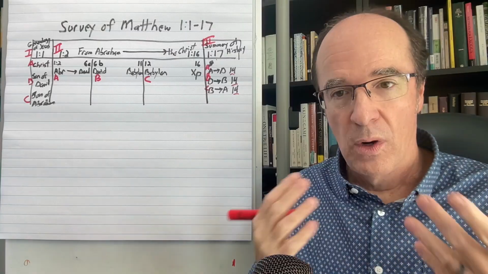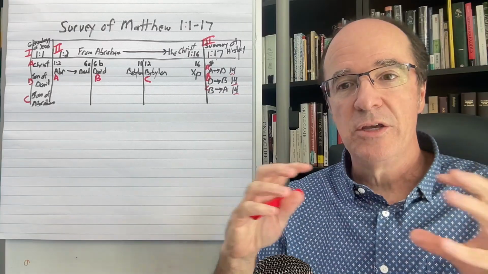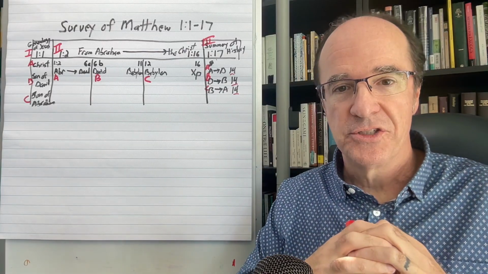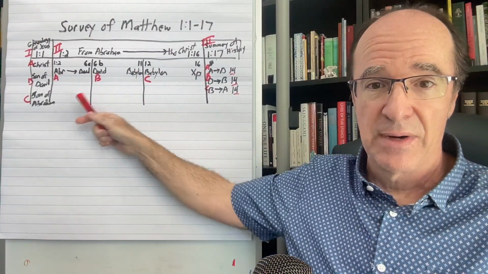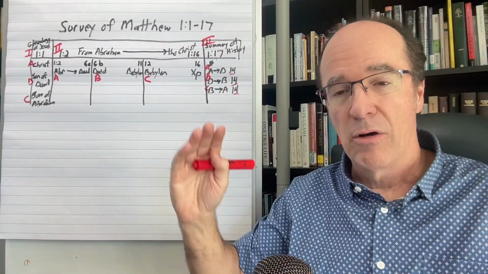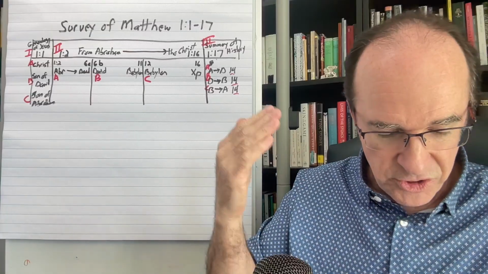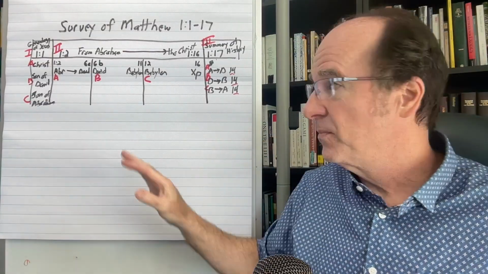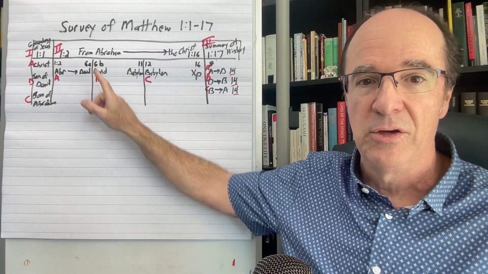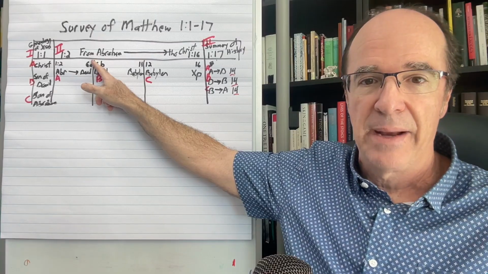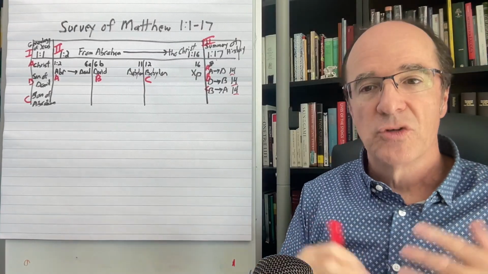The thing that I want to encourage you to do as you learn inductive Bible study is you want to use as few main units as possible, and you might note that these three subunits of my second main unit follow the same pattern, because you have this genealogical pattern where it's so-and-so's the father of somebody else. And so in a sense, these are all similar. So I've pulled these together into one big unit that I just titled From Abraham to the Christ. Okay, so that's the first step.